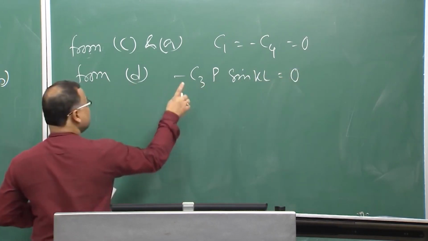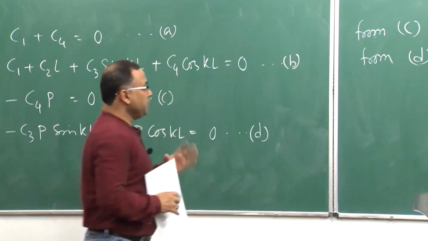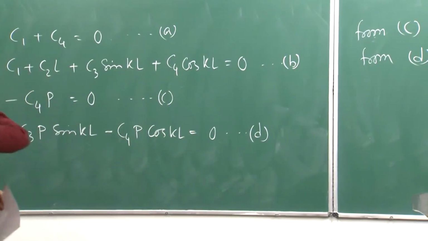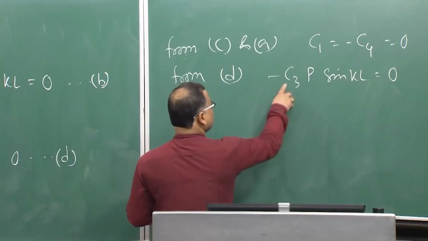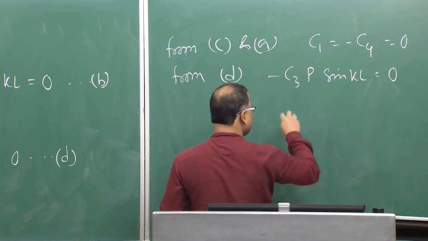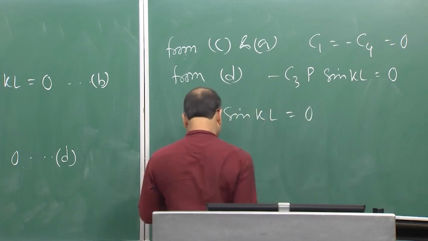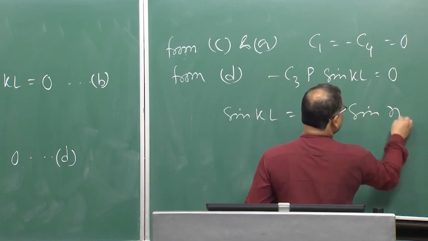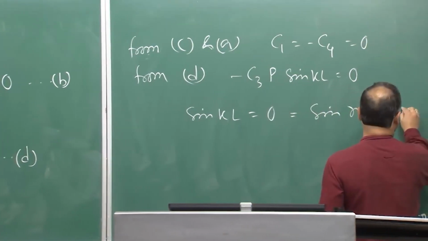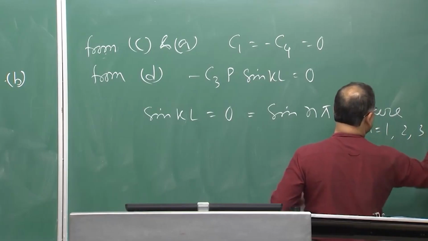C3 and P both cannot be 0. So, if these are not 0, I can simply say sin KL equal to 0, which is nothing but sin n pi, where n equal to 1, 2, 3 and so on.